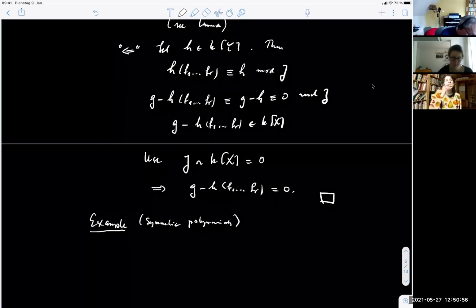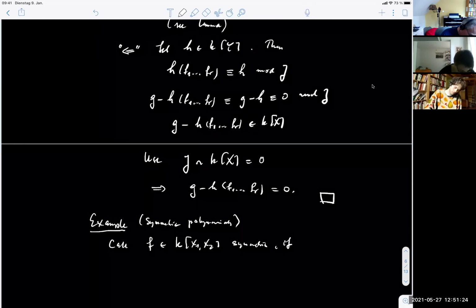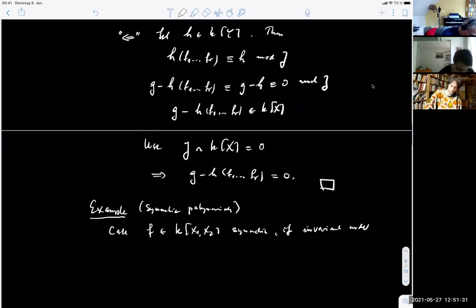So, I call a polynomial f, with two variables, x1 and x2, symmetric if it is invariant under permutation or transposition or exchange.